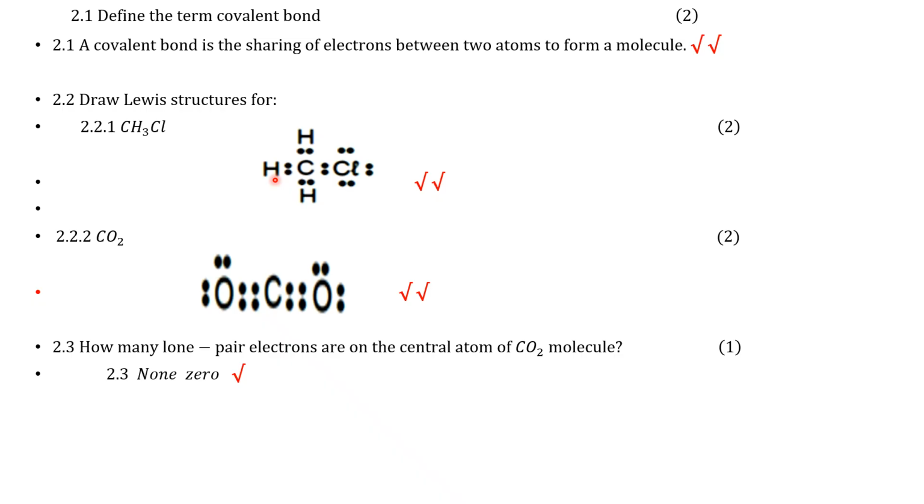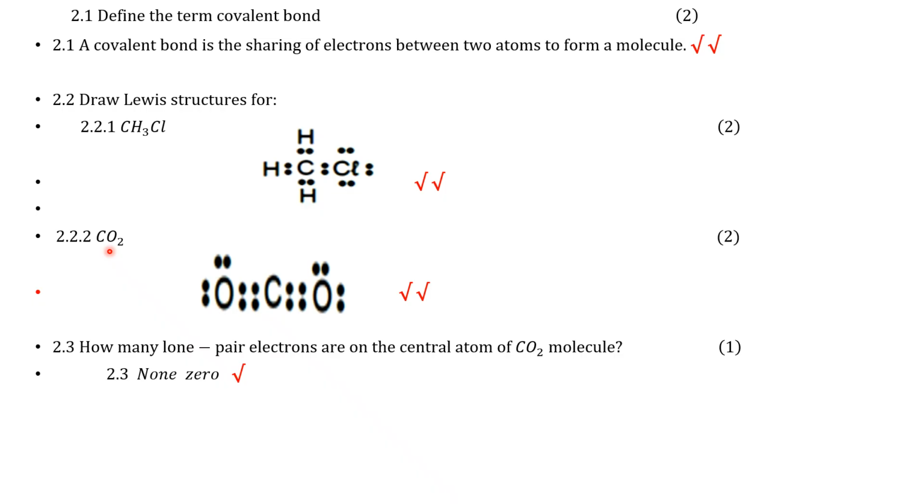Again, 1 from hydrogen, 1 from carbon, and 1 from hydrogen, 1 from carbon. So my valence electrons are correct. 1 mark for the carbon, the central atom. The second mark for not leaving out any valence electrons, and your valence electrons are adding up correctly.